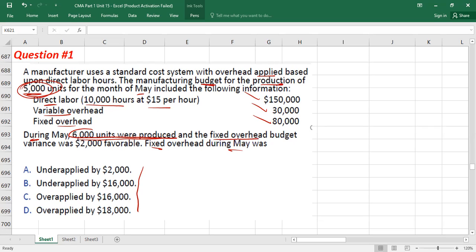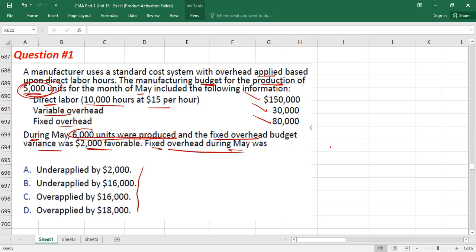Then fixed overhead budget variance. You remember what budget variance is? Spending variance. I told you spending variance is also called expenditure variance, and it is also called budget variance. He told you budget variance is 2,000 favorable.